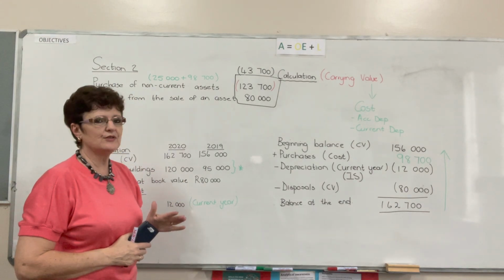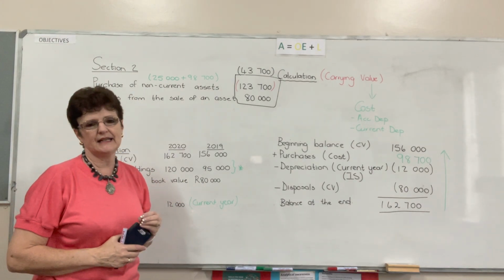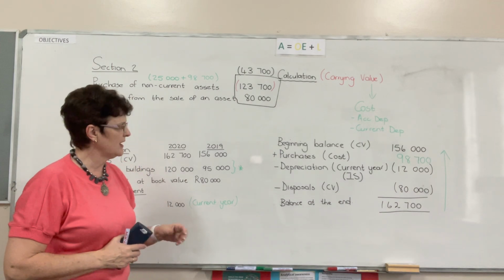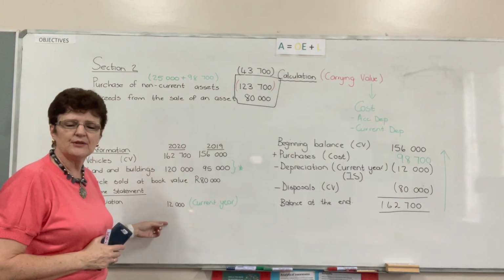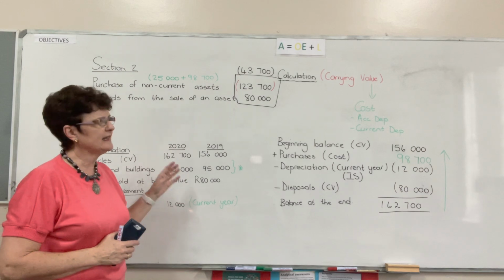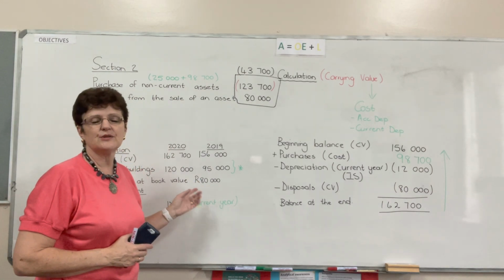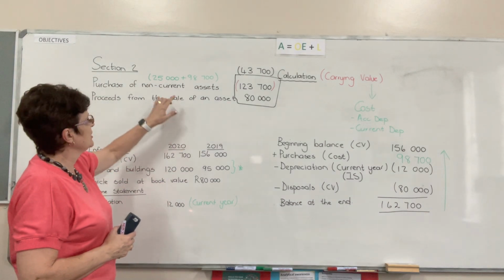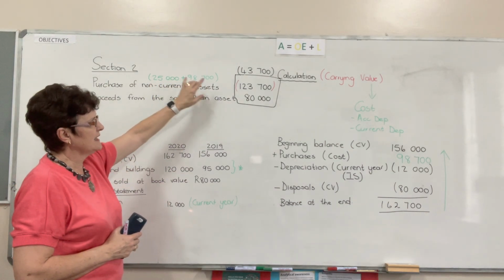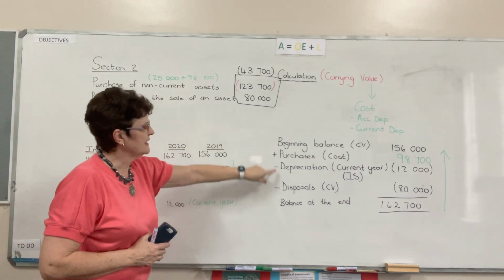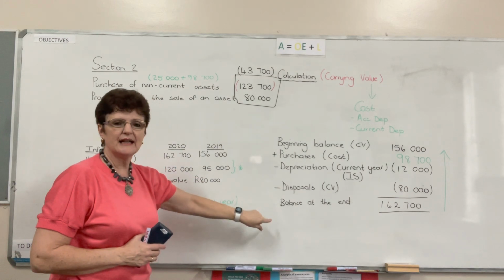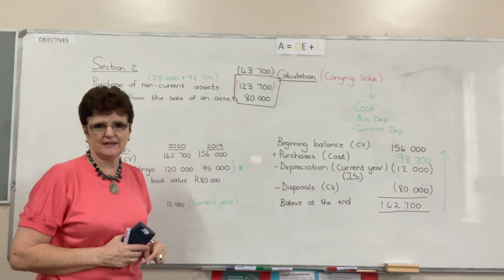Most importantly to remember is we have to work in carrying value. And as I said, I will do another video on the different ways that they can ask the question with regards to investing activities. But know that we have a formula that we use to calculate our investing activities.